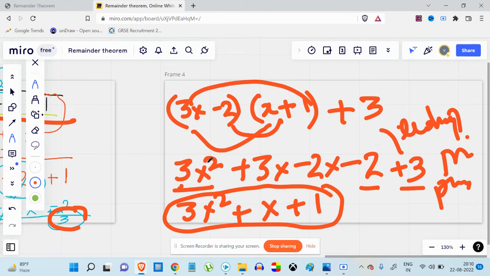So for that purpose, you have to simplify the polynomials in terms of factors so that you can bring out meaning from them. Like we can say this polynomial 3x square plus x plus 1 is a factor of 3x minus 2 x plus 1 but with a remainder 3.